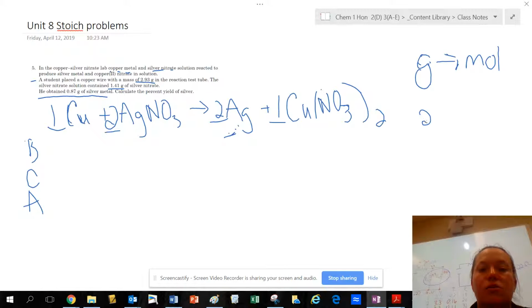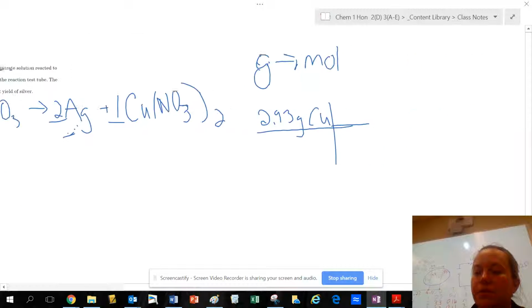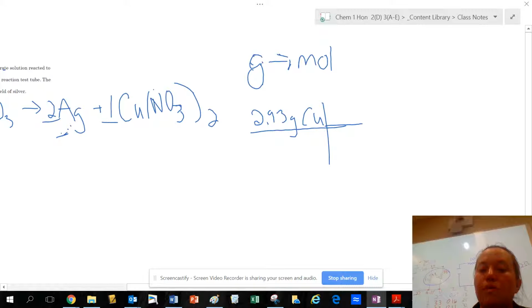So I'm going to take 2.93 grams of my copper. The molar mass of copper from the periodic table is 63.55 grams in 1 mole.